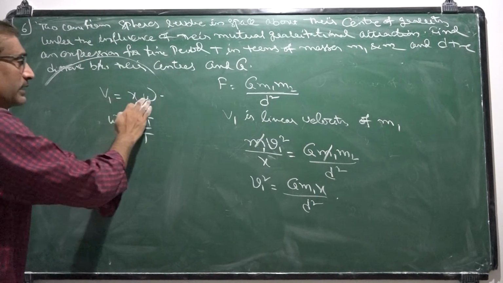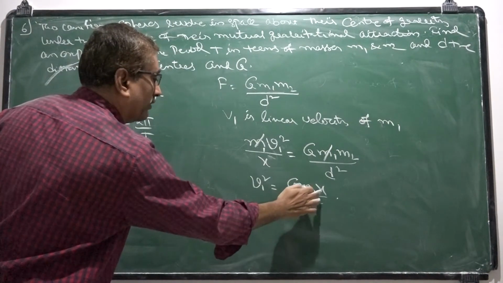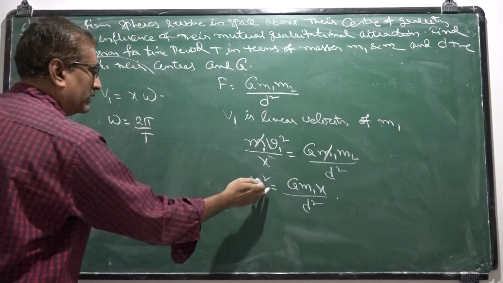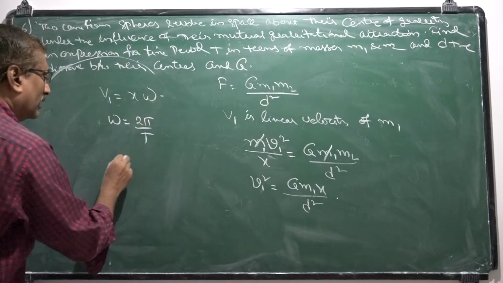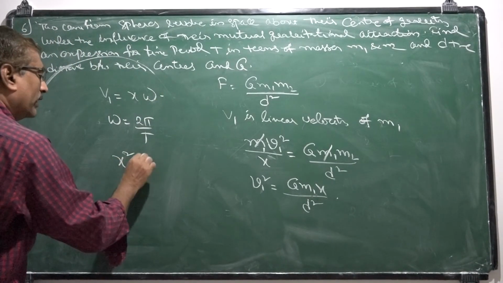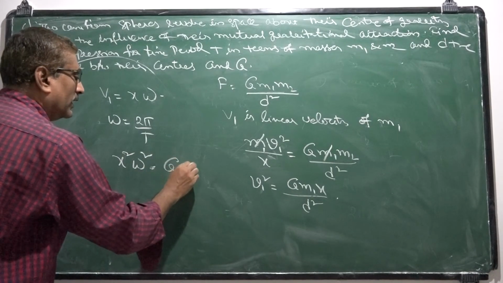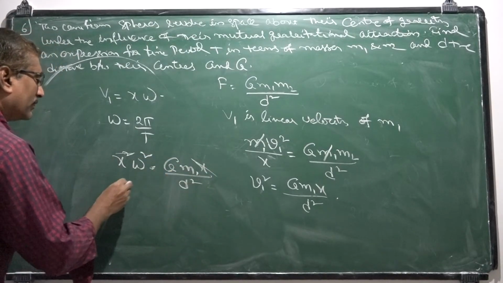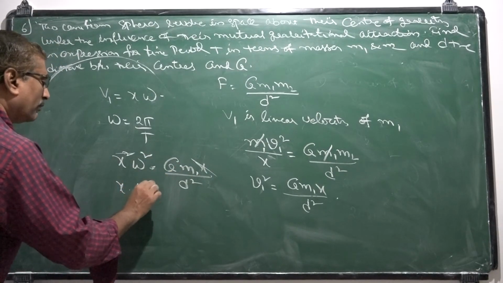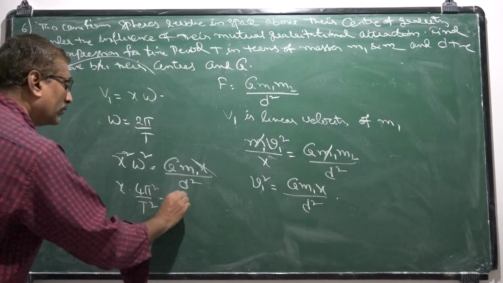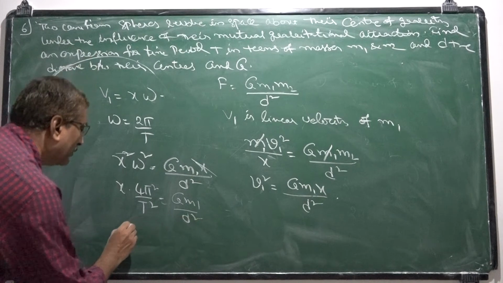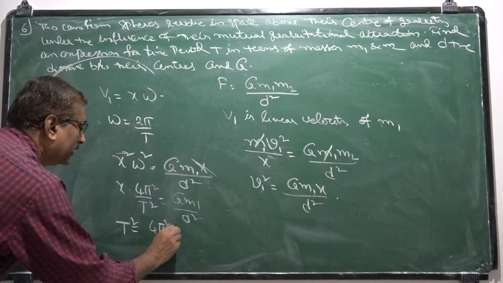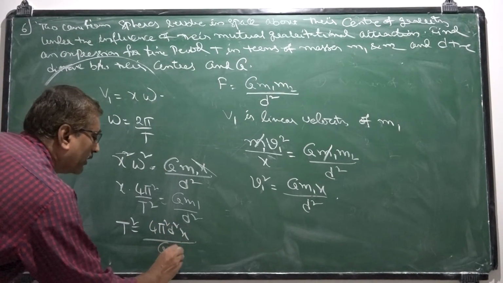Substituting, x square omega square is equal to G m2 x by d square. One x gets cancelled, so x omega square, that is x times 4 pi square by T square, is equal to G m2 by d square. Therefore T square is equal to 4 pi square d square x by G m2.